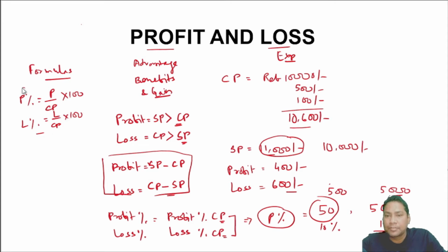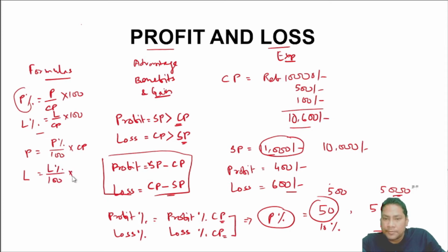Same way, if the profit percentage or loss percentage is given and the cost price is given, then we can calculate the amount also. Profit will become profit percentage divided by 100 into cost price. Likewise, loss will become loss percentage divided by 100 into cost price. And from these formulas we can also calculate the cost price if the profit and profit percentage are given.